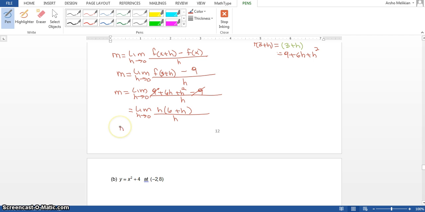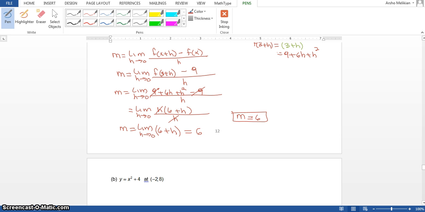What happens to the h's? They cancel out, so I have the limit as h approaches 0 of 6 plus h. Look at that. So what is the limit now? 6. So the slope of this curve at that point is 6. Okay, so m equals 6.